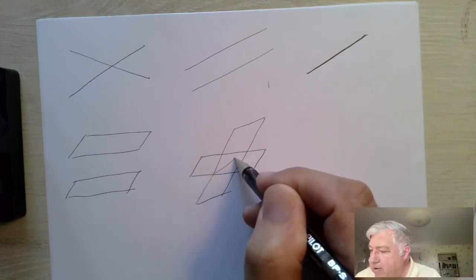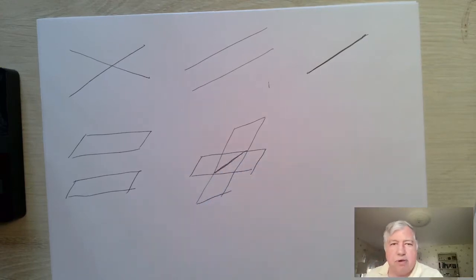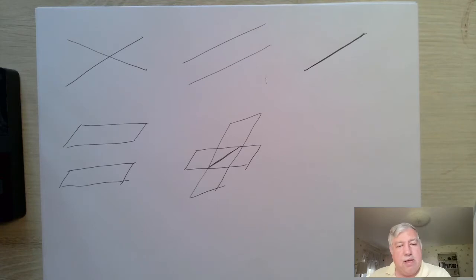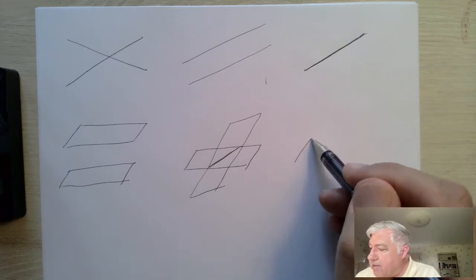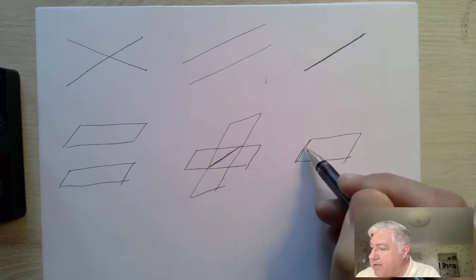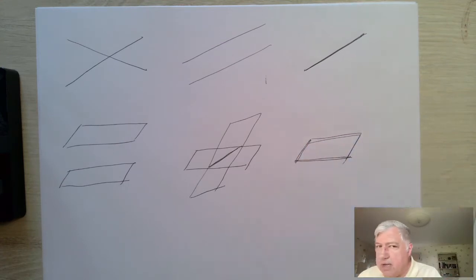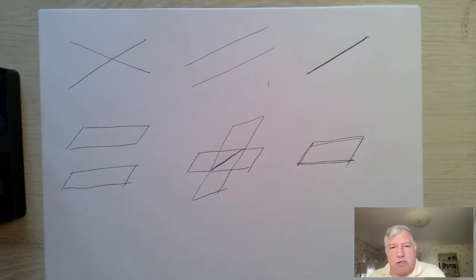We sort of indicated this last chapter, and we're going to prove it today, that these planes will intersect in a line. The other alternative is that the planes are exactly the same. There is no possibility where two planes intersect at a point.